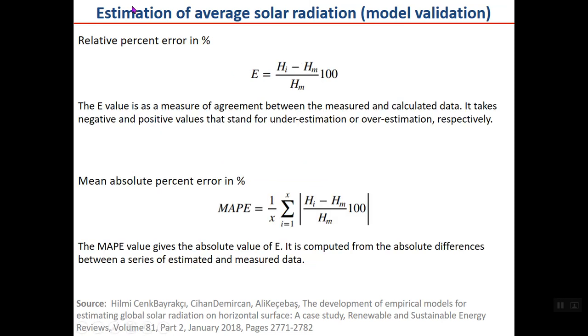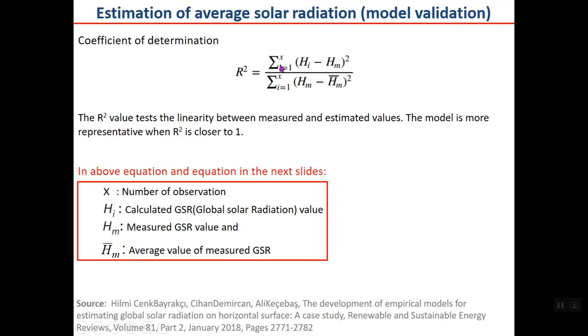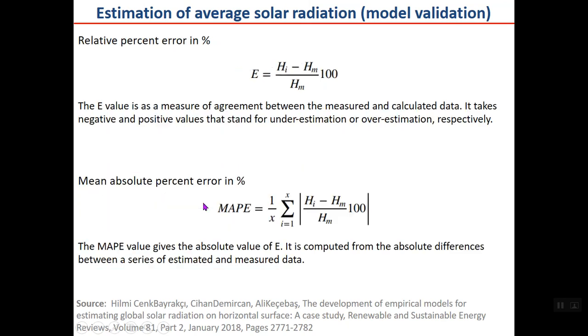Another very important estimation tool is relative percent error, which is simply Hi, which is, as you may remember here, the calculated one by your formula, minus the measured one, divided by the measured. As you can see here, the E value is a measure of agreement between the measured and calculated data.